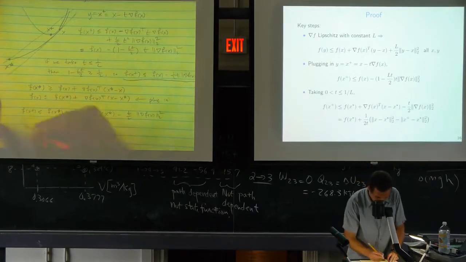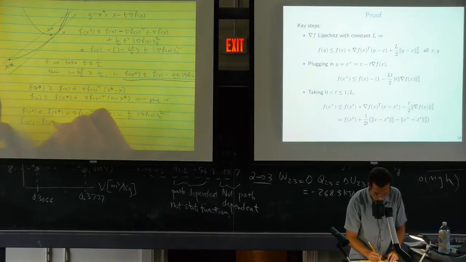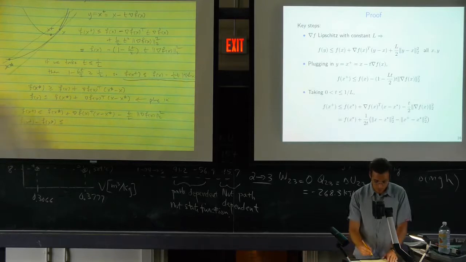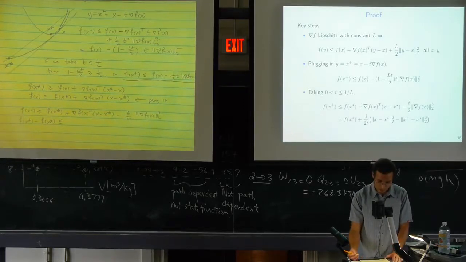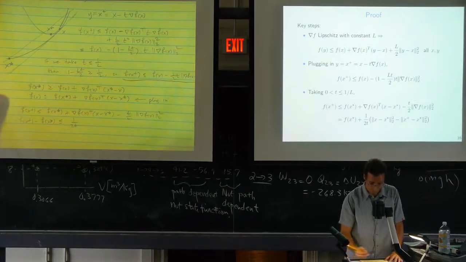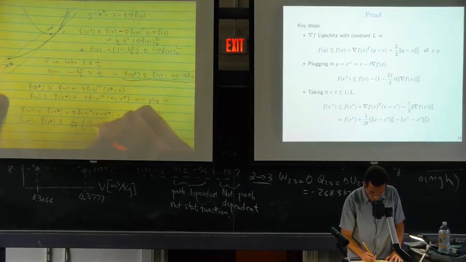And now we do one kind of nice rearrangement of terms. And I'm going to write this side as the difference basically between two terms. And once I write it, you'll see why it's true.